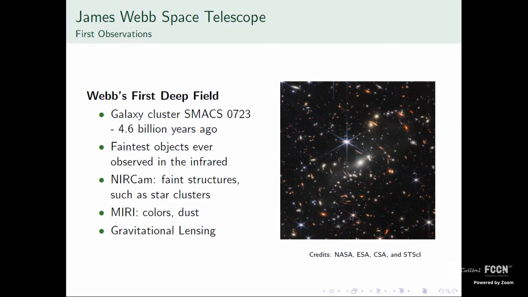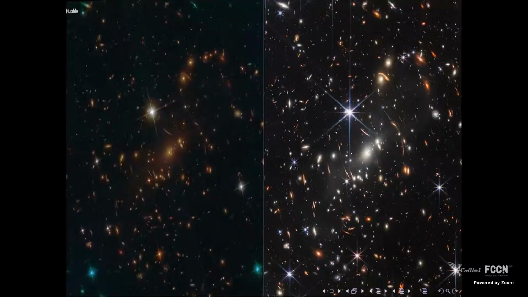So the galaxy cluster is so massive that it actually bends rays of light. So I'll just end with this picture, which is a comparison between a Hubble deep field and a Webb deep field. And you can see how much we have improved in terms of infrared sensitivity and detection of faint sources.